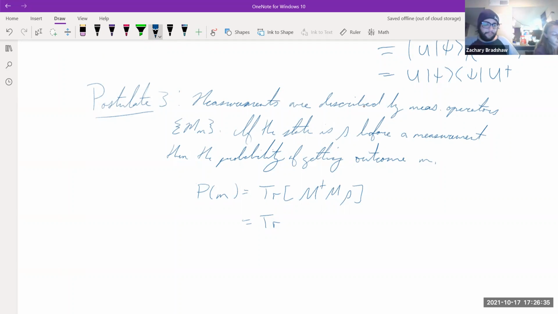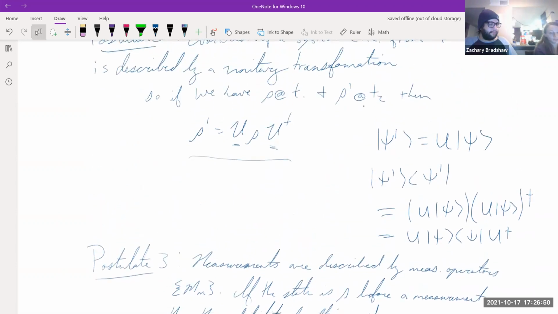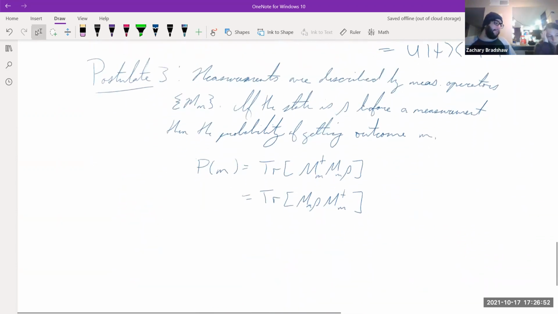So I can take this M dagger and move it to the back, and then they have a little M attached. Now you get a conjugation by M dagger, and I think it looks a lot more like your unitary evolution that we've described before. But you can also see why this would be true for a pure state, right?